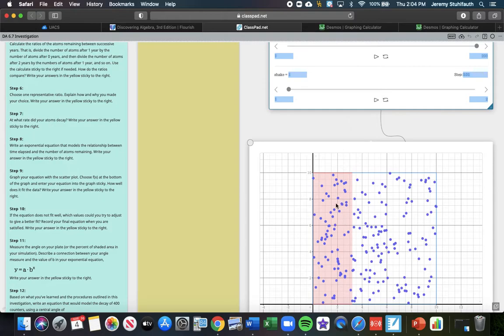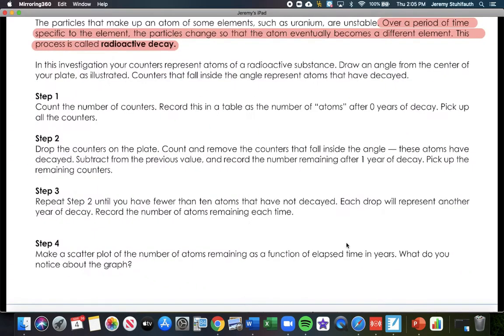So after we took the particles that decayed out, we had a certain number of particles remaining. Then we let some more time pass, and then we stopped it and counted the number of particles that decayed, and then we took those out, and then we continued this process until there were less than 10 atoms left in the atmosphere.